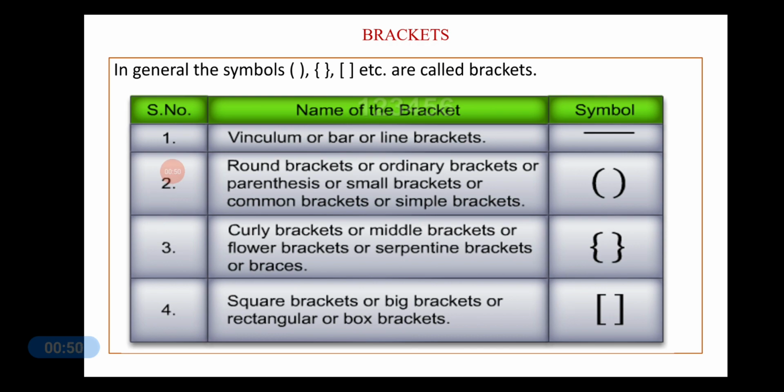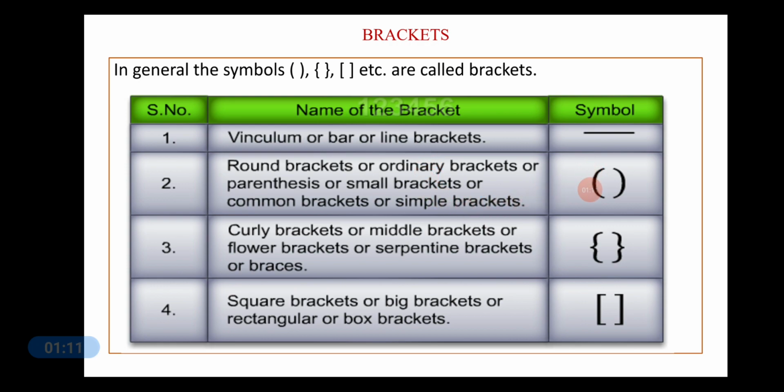This is known as the vinculum or the bar bracket or the line bracket. So the simple line which is drawn over any literal or any number is known as vinculum or bar bracket or line brackets.